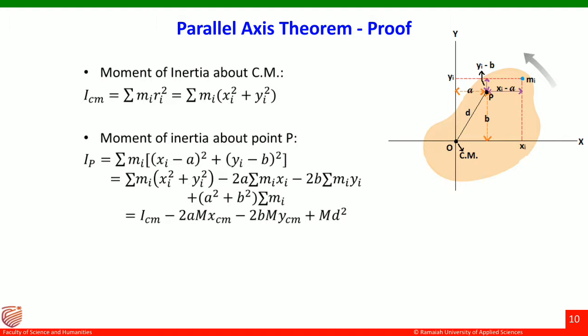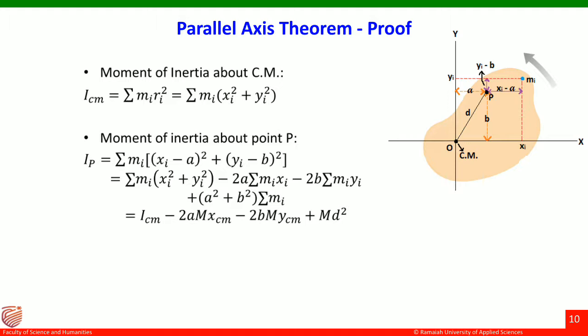The moment of inertia about the center of mass, that is the point O in this figure on the right hand side, is given as the summation of the mass of the particle mi times the square of its distance r from the coordinate axis, which is also passing through the center of mass.